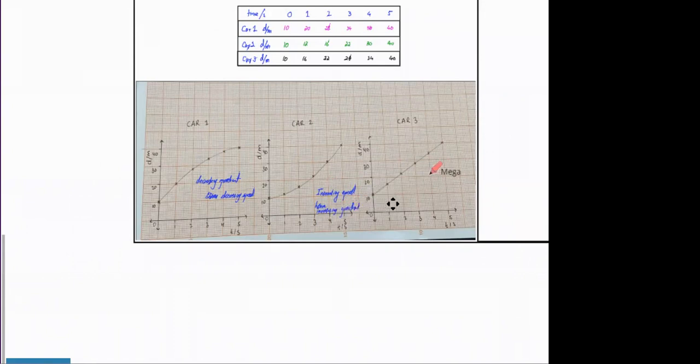And the last one is constant speed, so constant gradient.